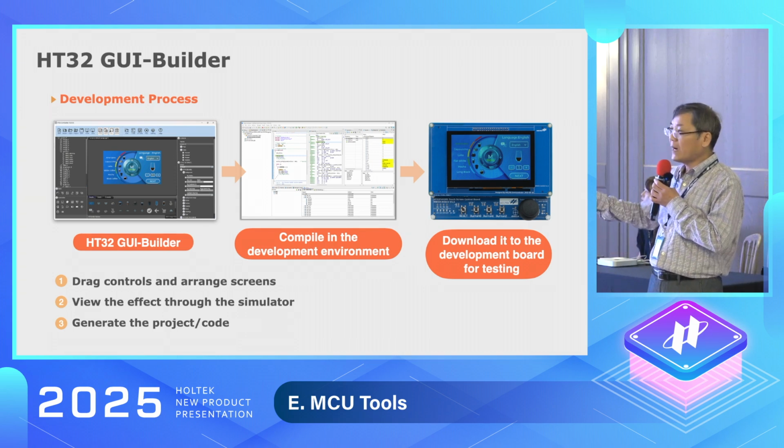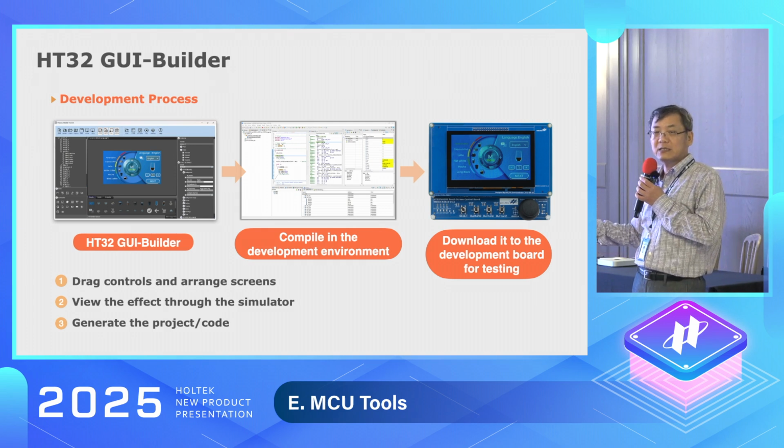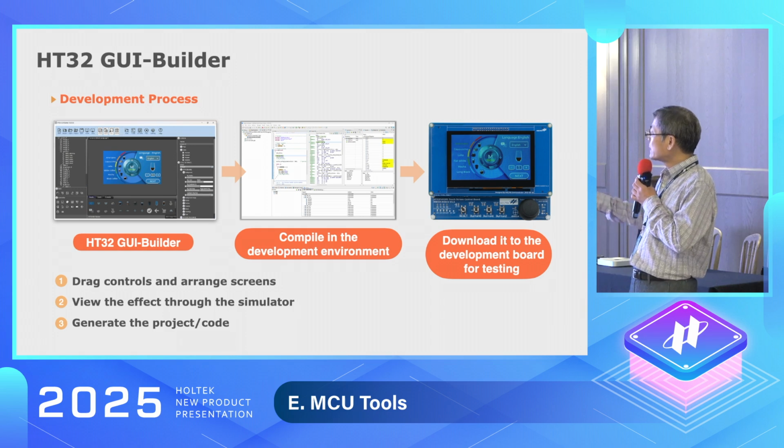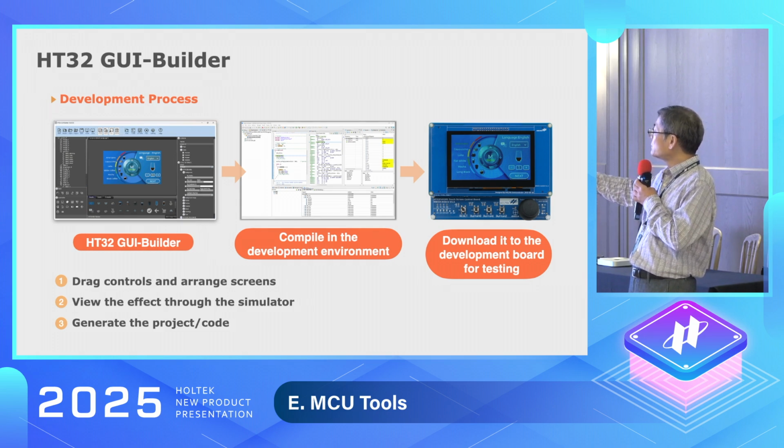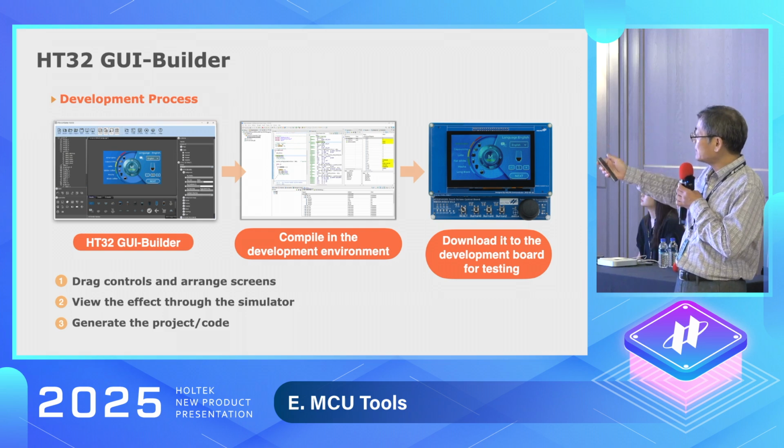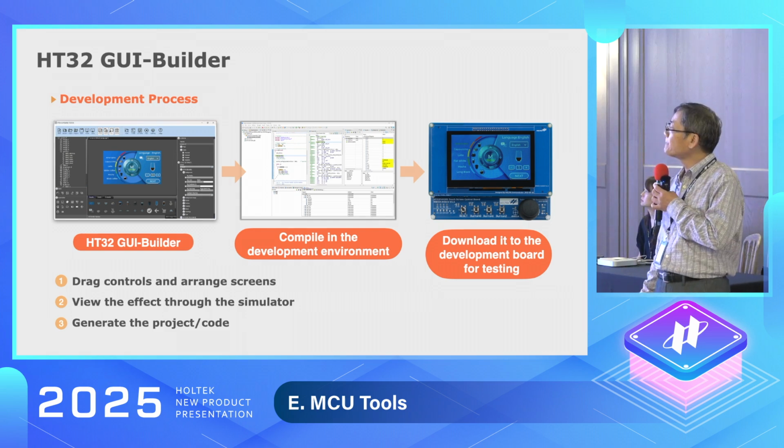And then you compile in the previously introduced HT32 IDE. Then you can download it to the development board for testing. So it's real-life, it's a TFT display on the right.